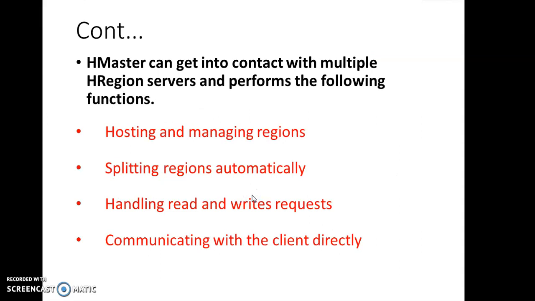Next, the HMaster can get into contact with multiple region servers, which perform the following functions. The first function is hosting and managing regions. The next one is splitting regions automatically. Then the region server is responsible for handling read and write requests.